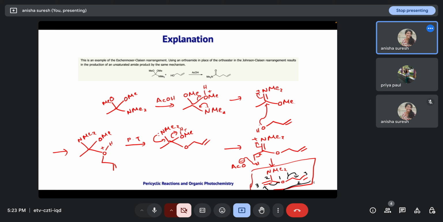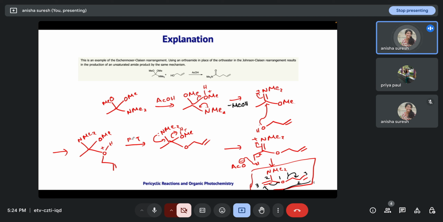Able to follow? Yes. So this is our starting material. In the presence of acetic acid, one of the O-methyl groups will be getting protonated. Then once the lone pair on the nitrogen falls, this methanol will be getting removed, minus MeOH, and it will result in the formation of this iminium ion. Then alcohol will be adding to the electrophilic center of the iminium ion, resulting in the formation of this tetrahedral intermediate.